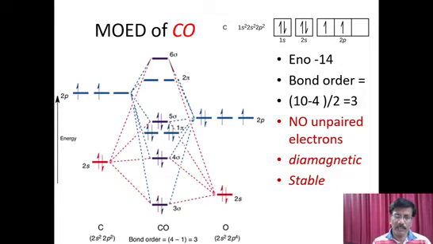That means one atom combining with another type of atom, like carbon combining with oxygen. So in such cases, what happens? How do we consider this MOED, that is molecular orbital energy diagrams? How to represent this?